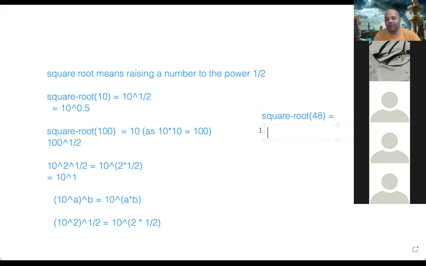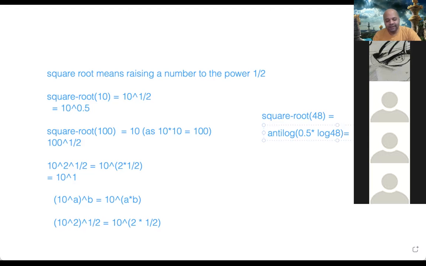The way to find out using logarithms is: take the log of 48, then divide that by 2, or multiply by 0.5, and then find the antilog.